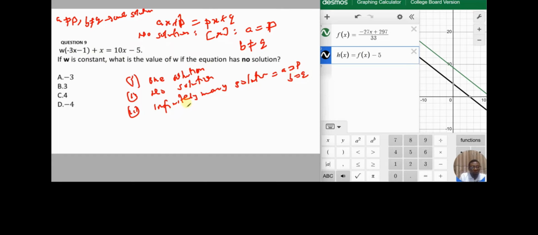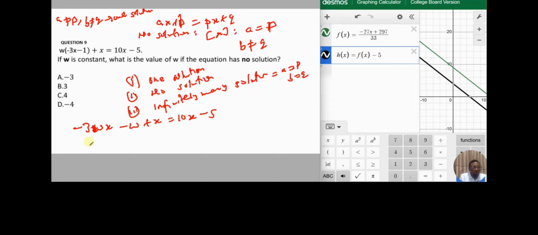So what I'll do in this question is expand this. If I expand this, I will have minus 3wx minus w plus x is equal to 10x minus 5.